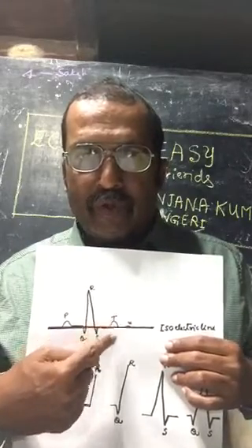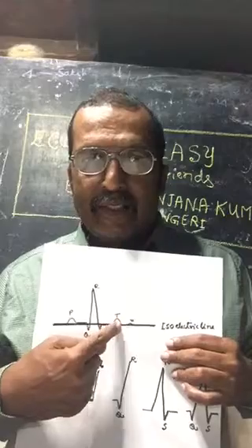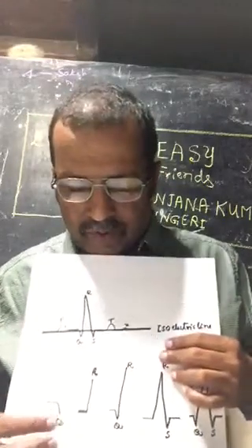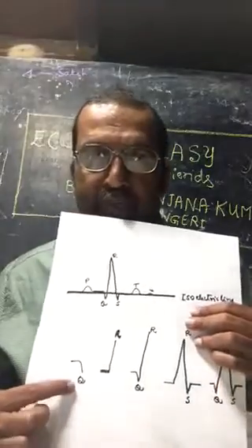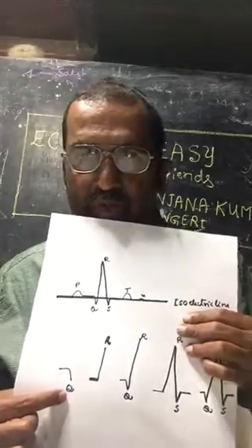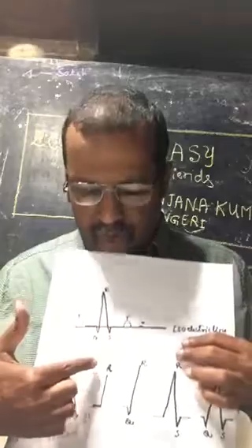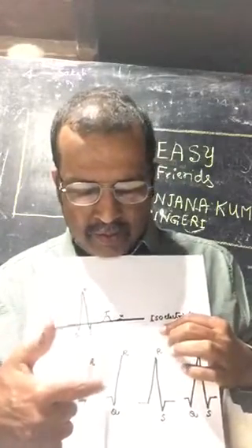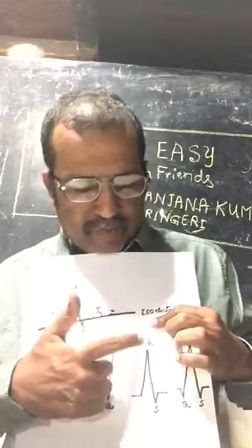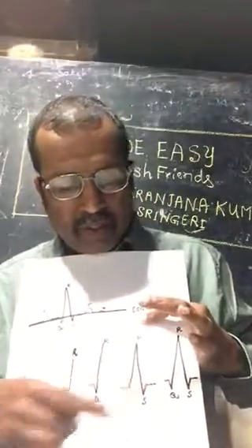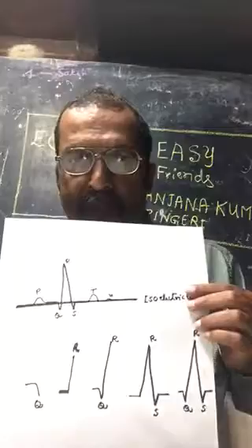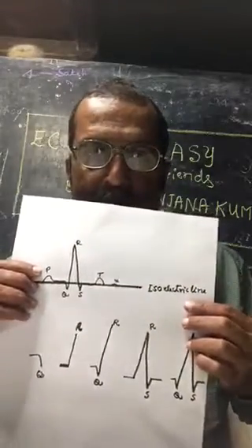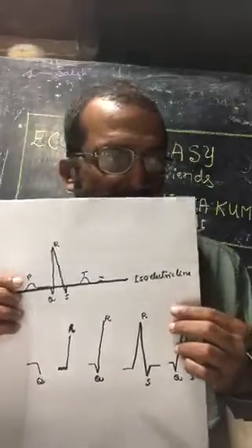But if the T wave is flattened and then comes the U wave, then it is abnormal. So the first downward deflection is the Q wave, then comes the R wave, then after R, S and T. These are the different waves P, Q, R, S, T.